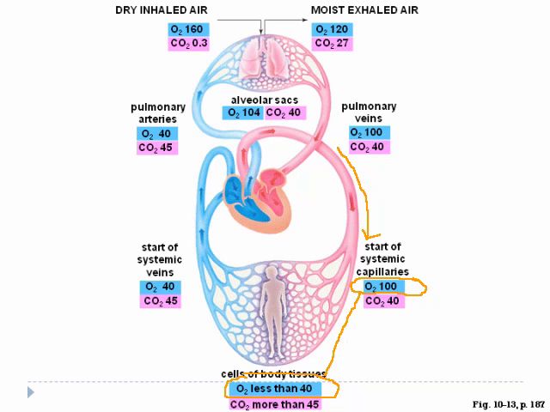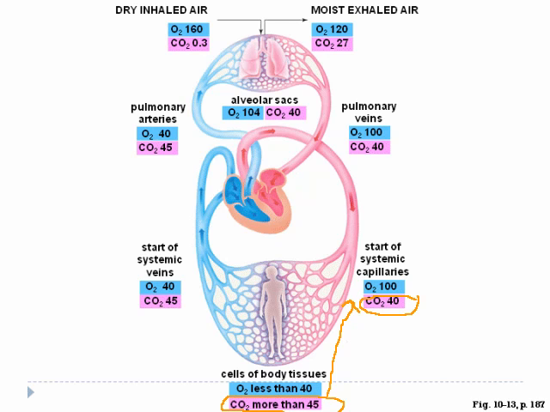So oxygen will diffuse down its partial pressure gradient and enter the tissues. Carbon dioxide, which is made by the cells when they do metabolism, is around 40, but it'll be higher than 45 in the tissues because the tissues are making carbon dioxide. And so CO2 will diffuse down its partial pressure gradient to get into the capillaries.